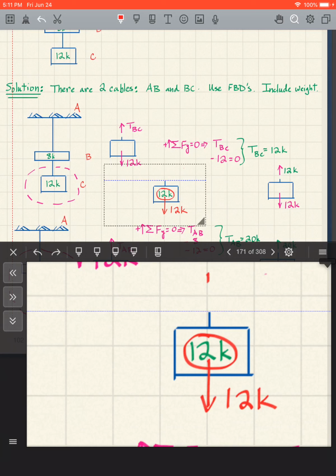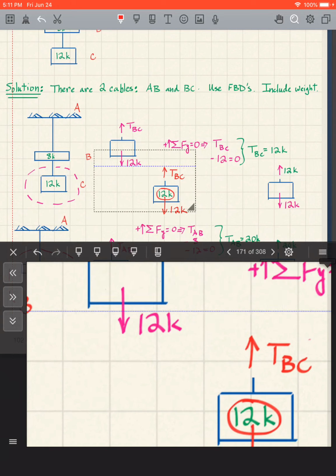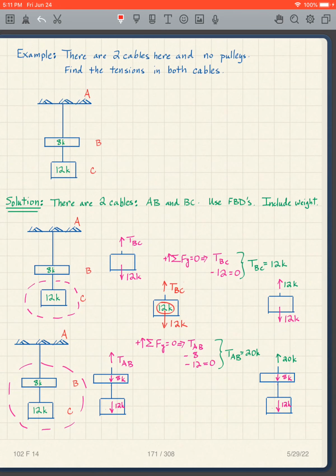That means I have to put a force, or forces. In this case, it's a force, and it's the tension in that cable. So it's going to be TBC. That gives me this free body diagram.